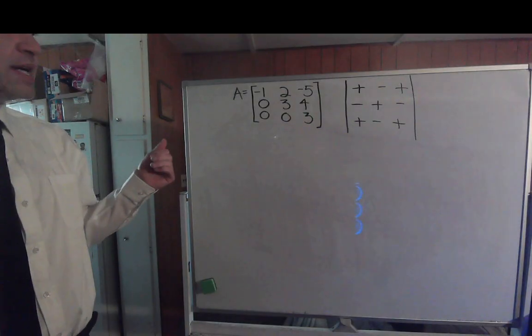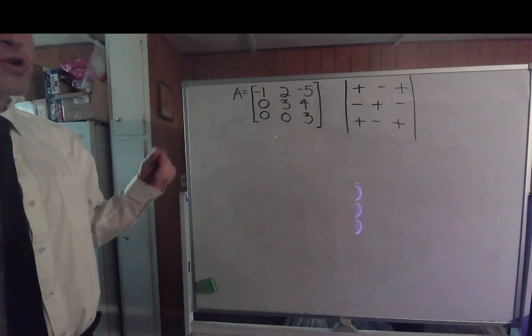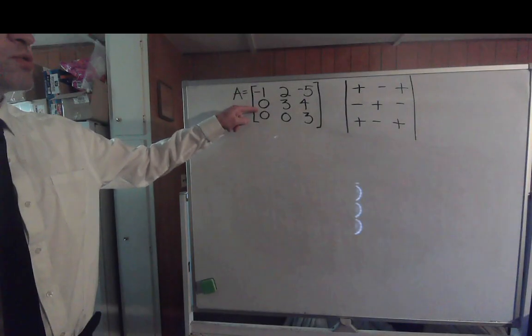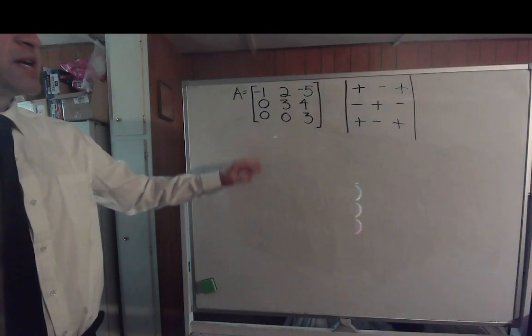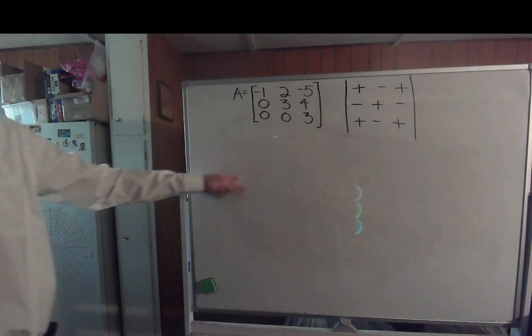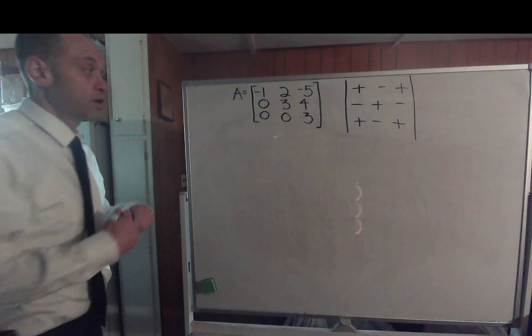Now take your pick. For your 1 you're going to have to do, if you stick with column 1, you'll just have a coefficient of -1, or if you pick row 3, you'll have a coefficient of 3. It really doesn't matter. You could pick any row or column, you just want to do the least amount of work.